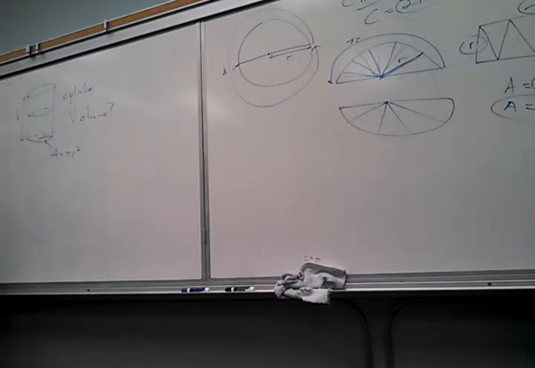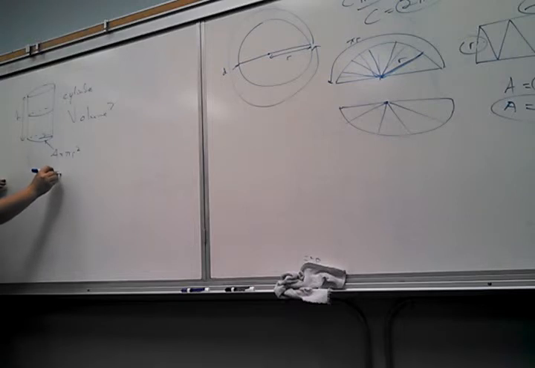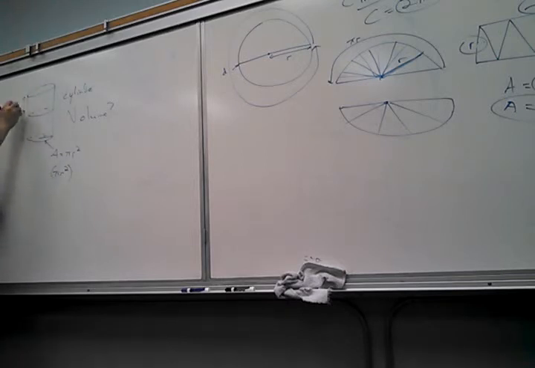So pi r squared, how much area is on the bottom, times h, how many I've got stacked up. That's going to be the volume, pi r squared h. It's kind of a neat idea, too. The area of the base times how tall the thing is, that's the volume. And that's the most I'll say about volume.